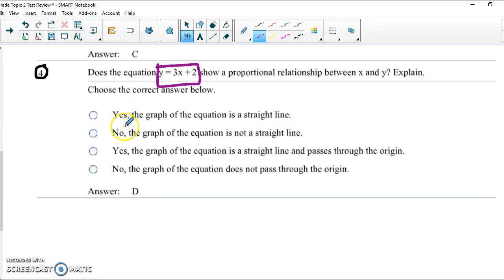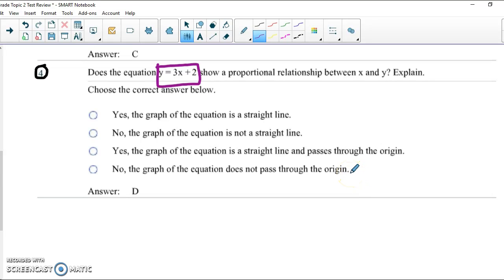This could be proportional if the graph of the equation is a straight line and passes through the origin. That would be both of the criteria. It's not a proportional relationship if the graph is not a straight line, and it also would not be if the graph does not pass through the origin.